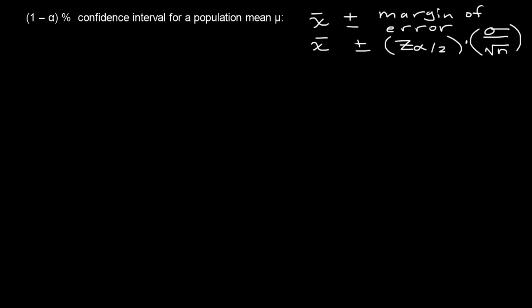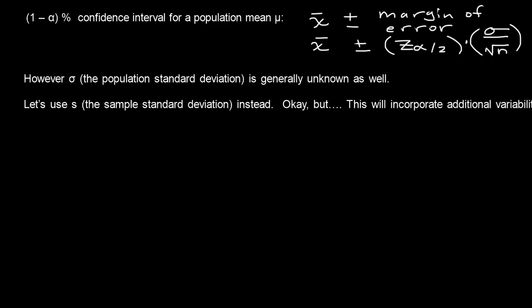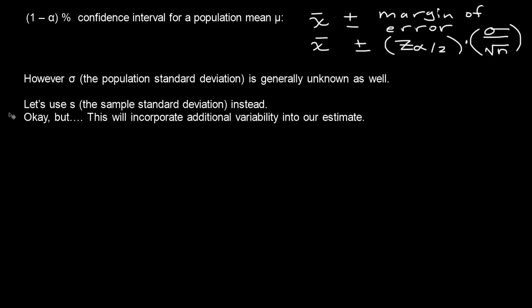However, we don't usually know sigma. So we are estimating a population mean mu, but what's also typically unknown is the population standard deviation as well. So it may seem reasonable to say, since sigma is a population parameter, can't we just replace it with the sample version, the sample standard deviation?